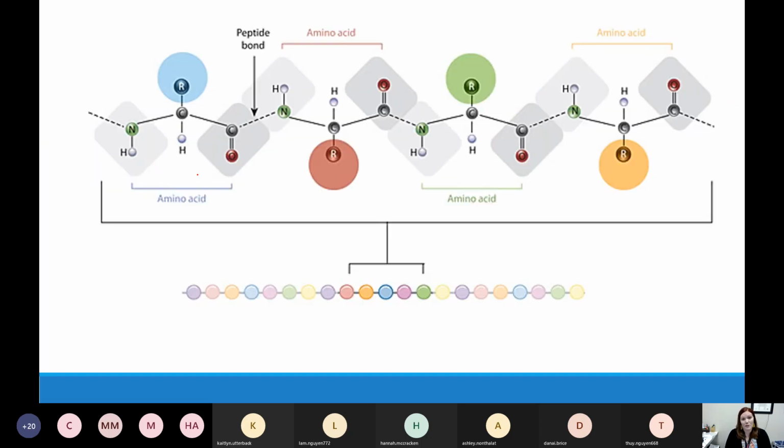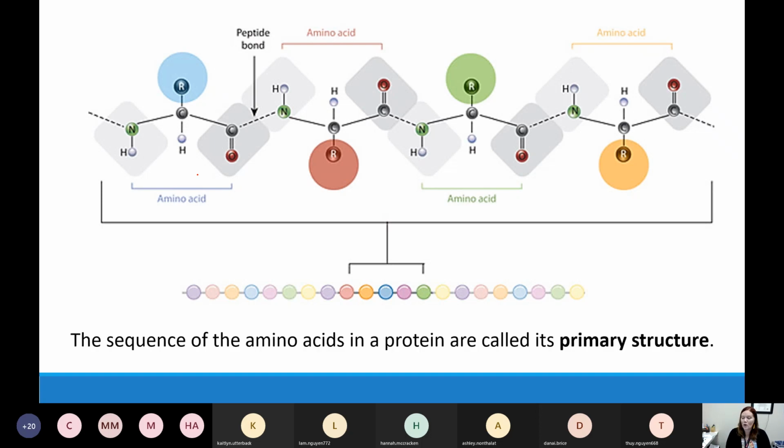We talk about proteins and we think about them as a big long line of the amino acids that are coming together. We're talking about the primary structure of a protein. The primary structure of a protein is the most basic level of protein structure. Here's an important idea for us to underline, highlight, star somewhere in our notes.